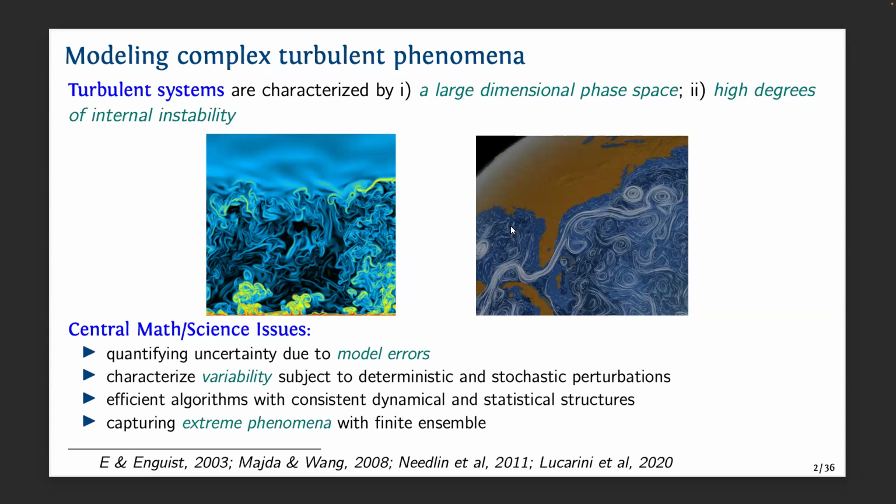And also, we need to consider the system's sensitivity and robustness to perturbations. And finally, the data will enter the picture, using data to help us improve our prediction, considering different types of quantities we are interested in. So these are, generally speaking, the types of questions we want to address.